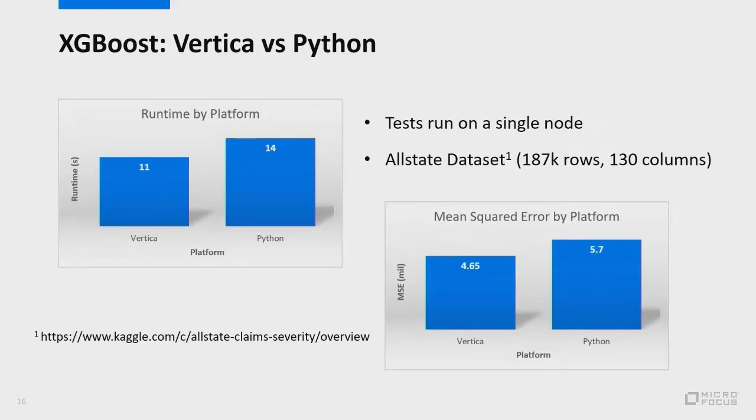It doesn't have a lot of rows, but it's a pretty popular data set for testing in the machine learning community. I ran all these tests on a single node. Obviously, Vertica is not really meant to run on a single node, but even so, Vertica performed better, with quicker runtime and a lower MSE. MSE is mean squared error, so we want less error, so lower is better. That's just a quick example.